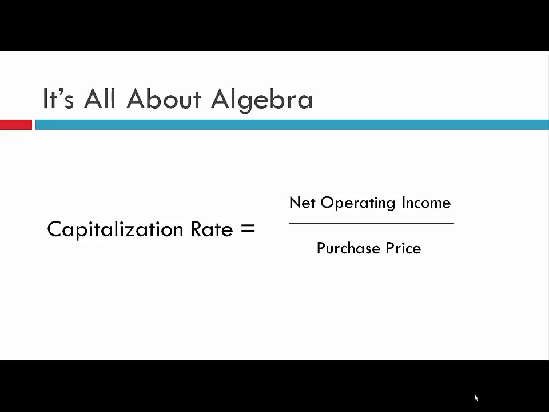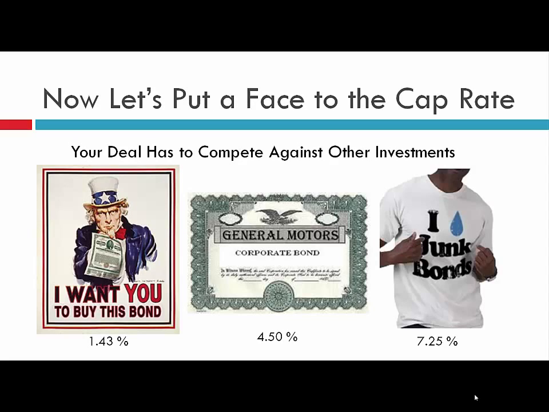And you're like, no, this thing is a 10 cap. And if this is a 10 cap, let's apply a 10 cap number into this formula along with the NOI that you gave us. And there's what the purchase price should be, Mr. Broker, not what you're asking. So by just sticking to the numbers and understanding how these numbers work and how you can control the numbers, you can control the argument and the discussion as to what your offer should be.